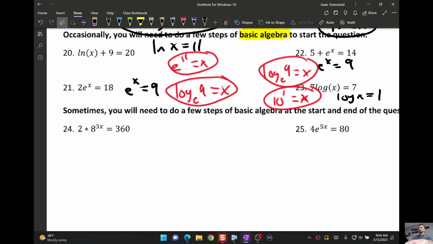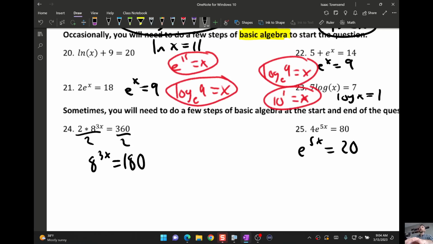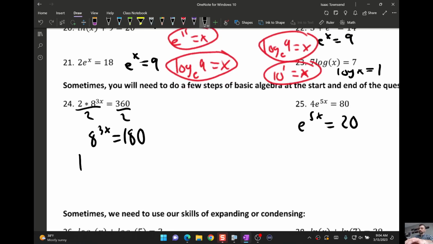Sometimes, before you can switch the forms, you need to undo some basic arithmetic, some basic algebra, like undo ×2, undo ×4, just so you can switch the forms.